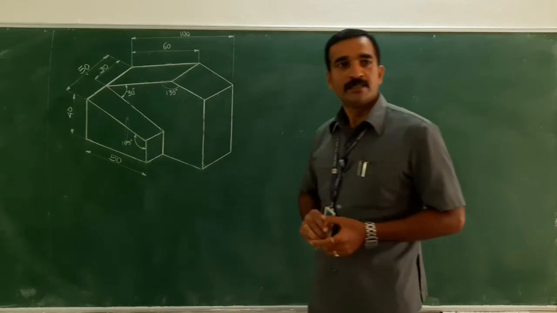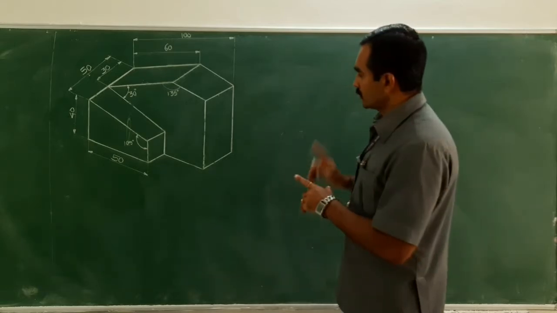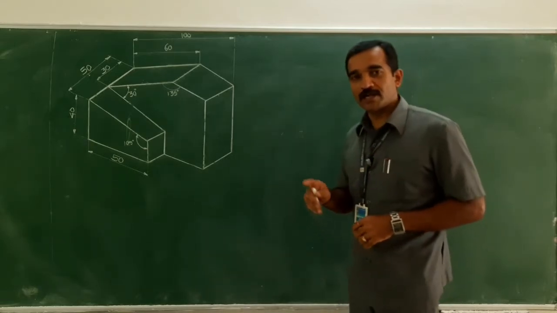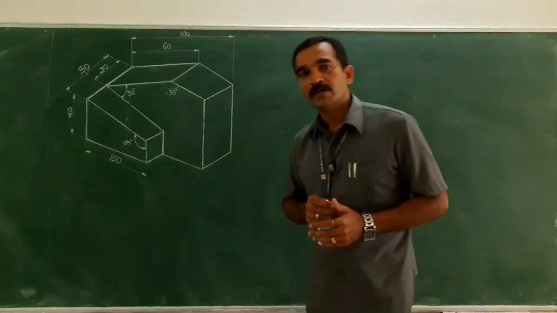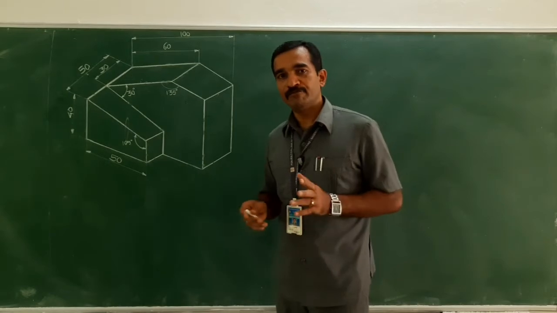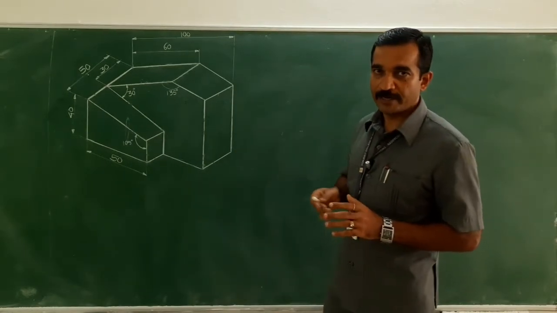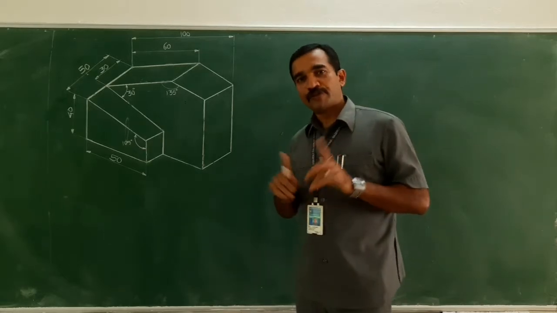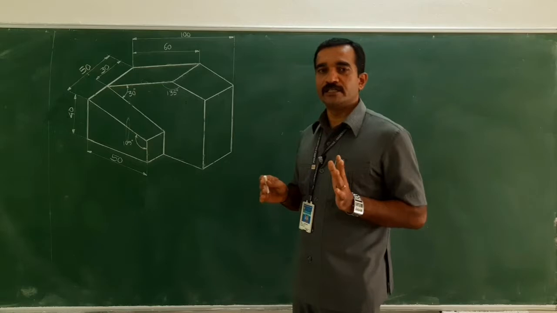In the previous problem, I could construct the box for all the three views. That means for the front view, length and height, for the top view, length and width, and for the side view, height and width. There I could frame out the size, that means length, width, height, everything was there.